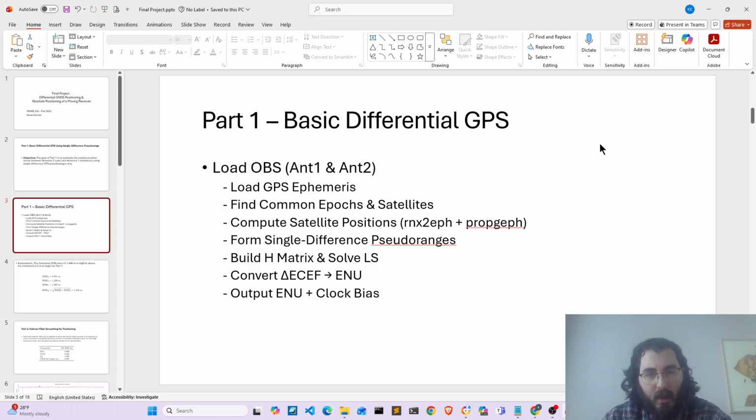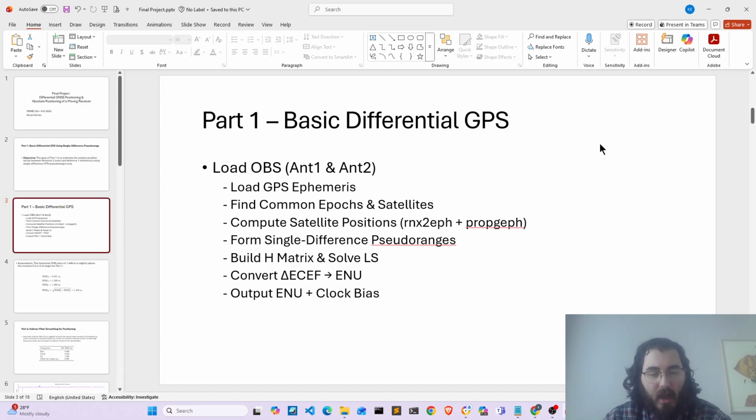I then parse the GPS navigation file and extract broadcast ephemerides. Using these ephemerides, I propagate each satellite's position to every epoch. To make this efficient, all satellite ECF positions are pre-computed and stored in cache before entering the main processing loop.